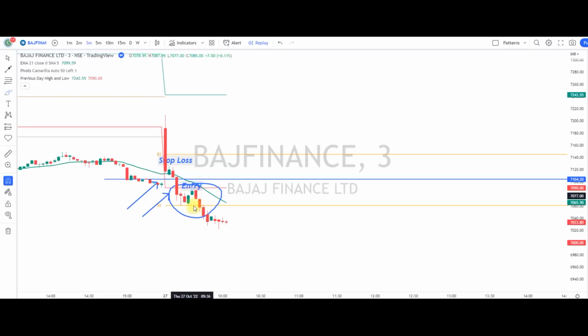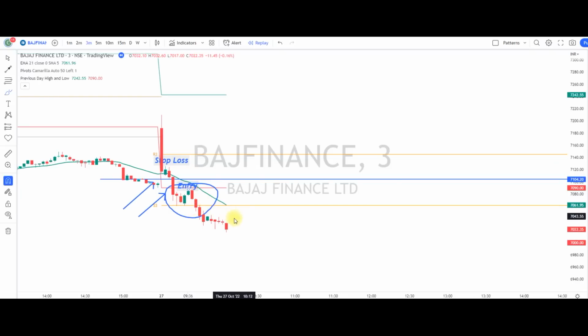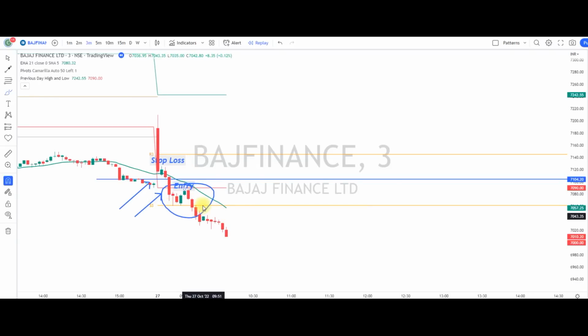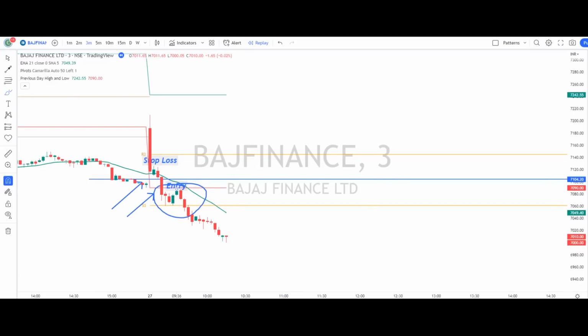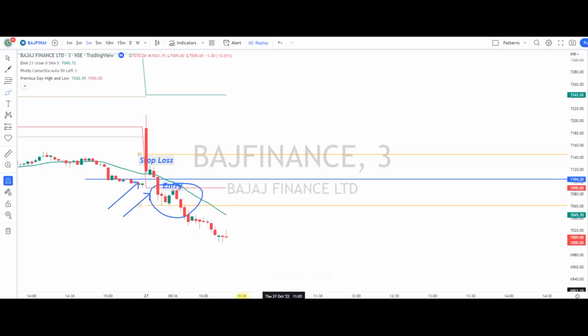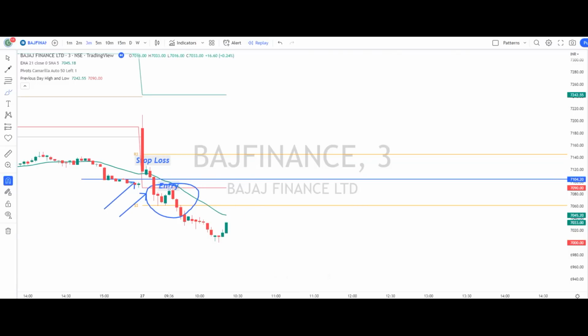After you book your profits here at S3, you can always enter into the second trade. When the red candle is breaking the S3 zone, you can enter in this red candle, and you can book your quick profits there.